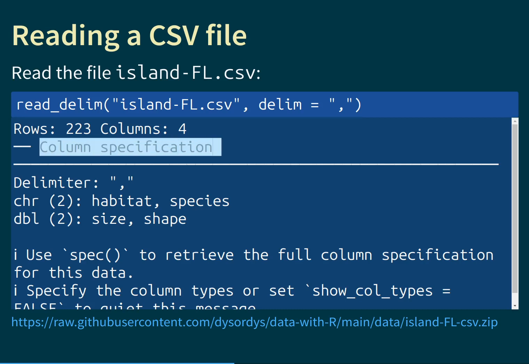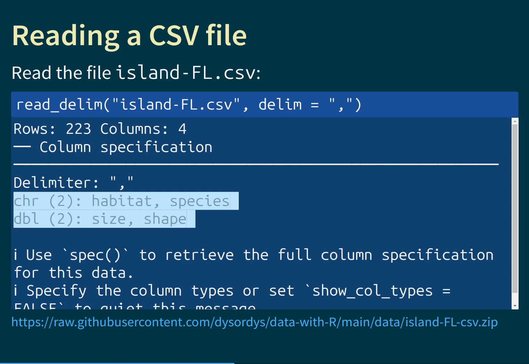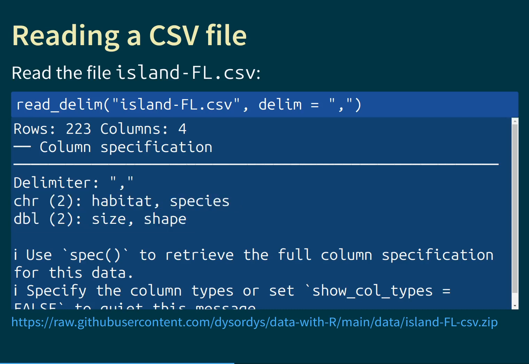Then you get some information about the columns. In particular, what is the delimiter separating them? In this case, that is of course the comma, because we are dealing with a comma-separated value CSV file. And then you get information about the types of the columns. We're going to be talking about this later as well, but for now, just bear in mind that CHR stands for character string. So that's just the shorthand version of showing that there are 2 columns that have the type of character string, and those are the habitat and the species columns.